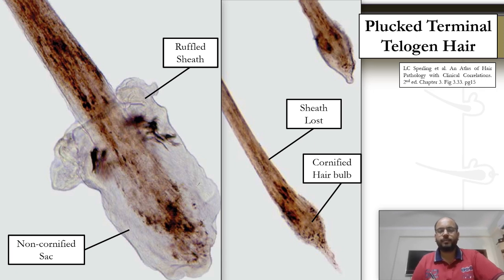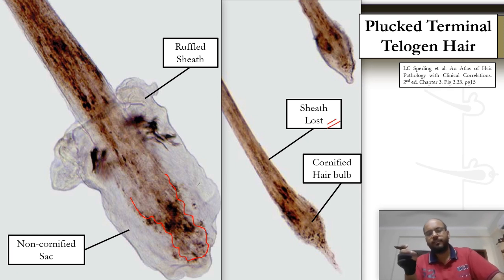Now look at this hair bulb. The end of the hair shaft is destroyed. It's undergoing apoptosis, and you see this kind of disorganized appearance. You see a ruffled sheath, which is just a part of the sheath seen in the proximal part, not the distal part, and there's a non-cornified sac around it. In terminal telogen hair, you can see that the sheath is lost. Why?